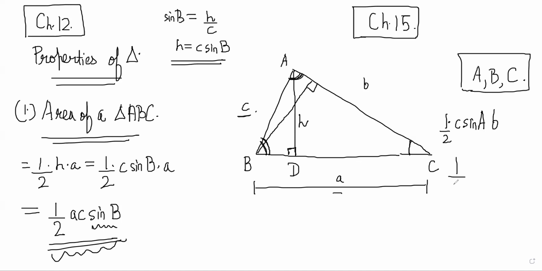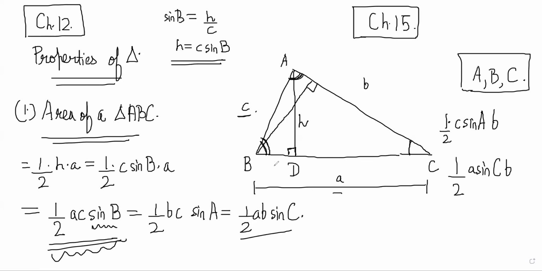Or also half into a sin C into b. So all of this gives us three different versions of area of the triangle. You can understand the pattern in the formula: always you have to take two sides and the angle included between them, that sine.